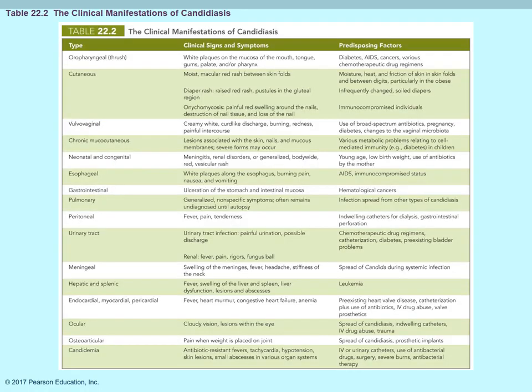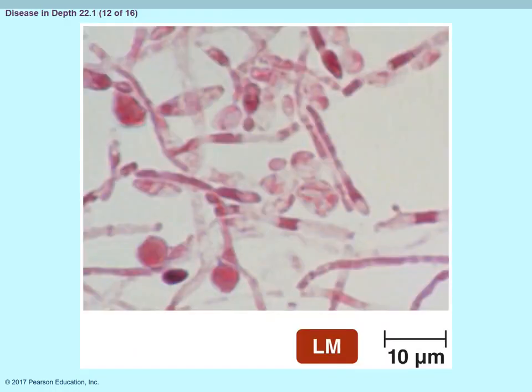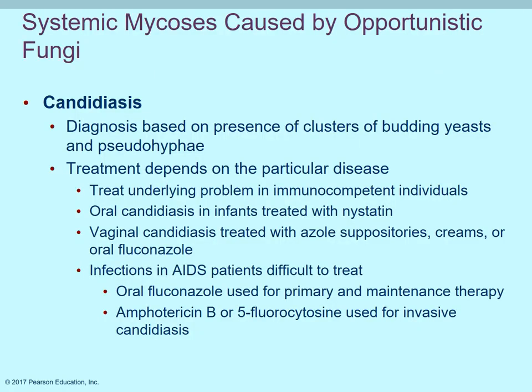And once again, here is a table showing the various types of signs and symptoms and diseases that are caused. Once again, a slide of what it looks like. For identification or diagnosis, you would look for those yeast and the small structures we refer to as pseudohyphae.